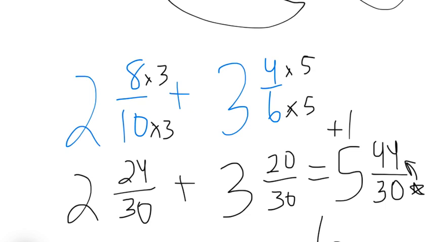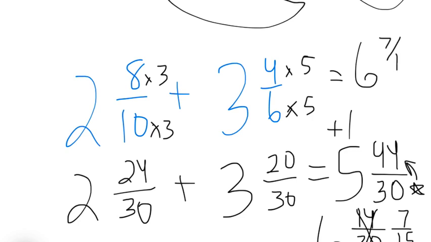When I take that 30 out of 44, I'm going to have 14 left over, and my denominator does not change. So I'm left with 6 and 14/30ths, and I can cut those both by 2. So 14 divided by 2 would be 7, and 30 divided by 2 is 15. So my best final answer would be 6 and 7/15.